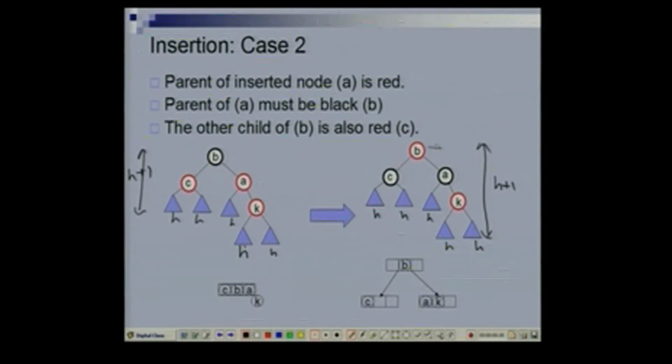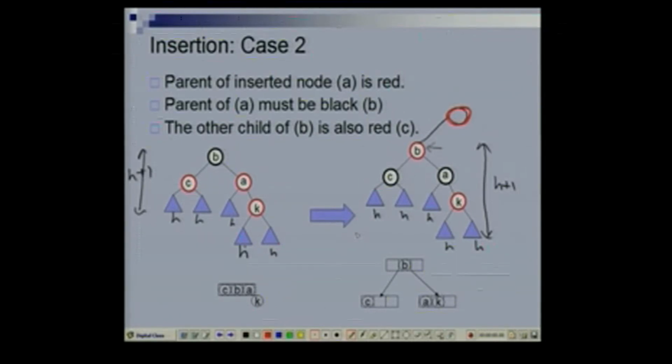But now I have a red here, and its parent could have been a red. So, I have a double red problem now, right. So, it is the same thing, but what we have managed to do is move the double red problem one level up.